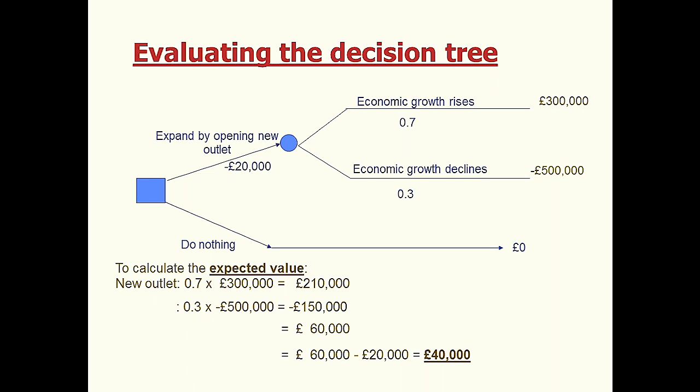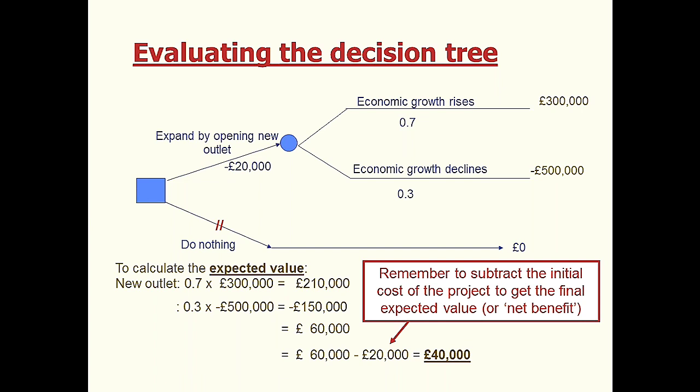Always remember that when we have a decision tree, we need to cross out any rejected decision, and whatever we have calculated as the expected value should be mentioned on the tree diagram. Do remember to read the question carefully, and if you are given an initial outlay, you must remember to subtract that initial cost of the project to get the final expected value, or what we can call the net benefit.